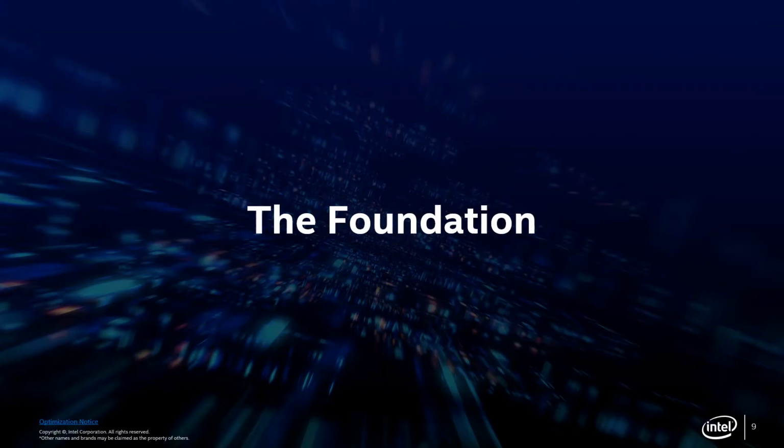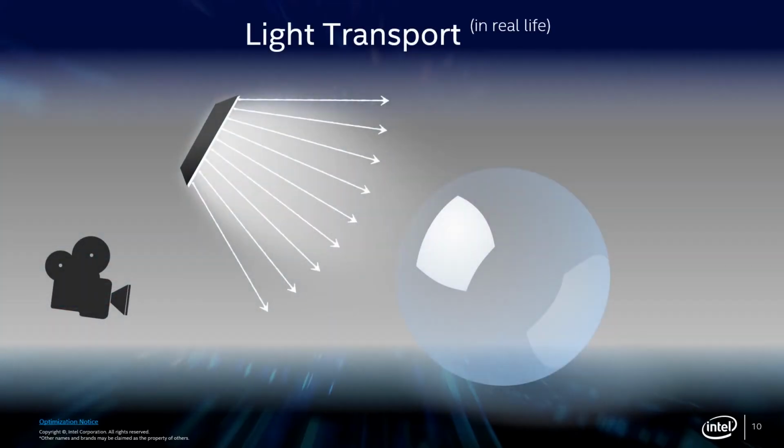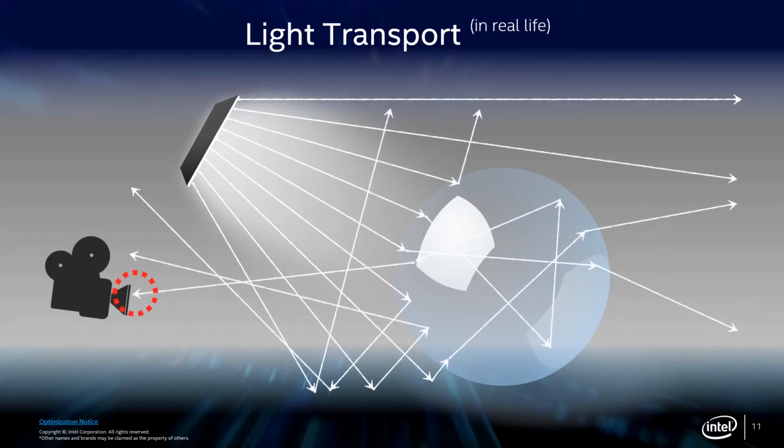The foundation for us is light transport, which is the physical simulation of light that underpins the entire rendering architecture. In real life, photons are emitted by some emissive surface illuminating the scene. Some of these photons hit the scene we frame through the camera, and some travel far away. Photons are reflected, absorbed, bouncing around the scene many times. Many of them are lost in the process, and a tiny fraction eventually hit the camera sensor, creating a picture.